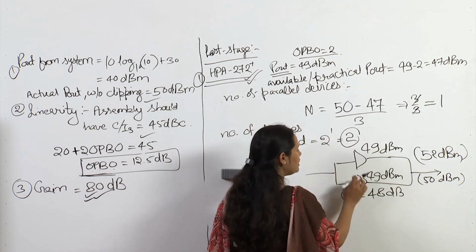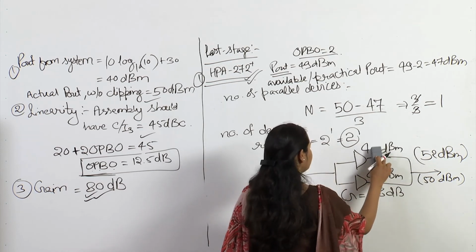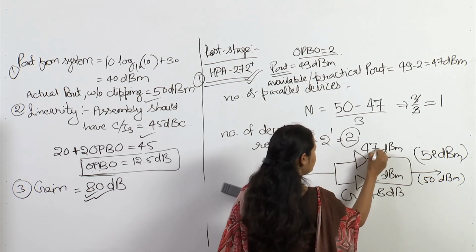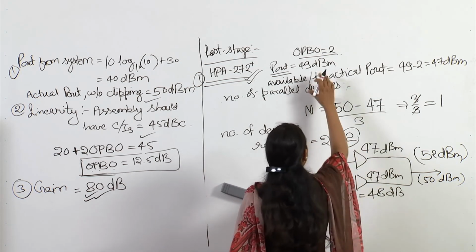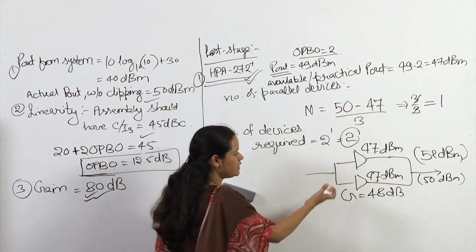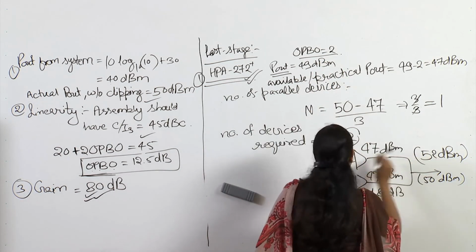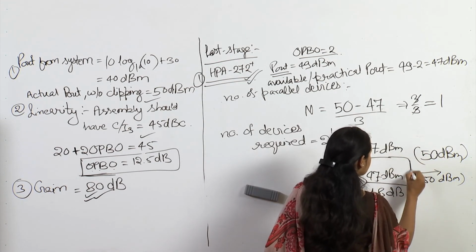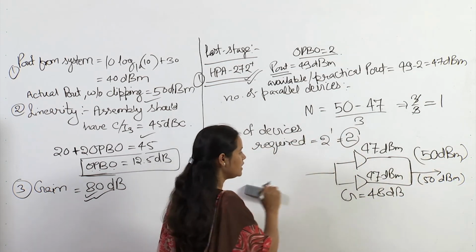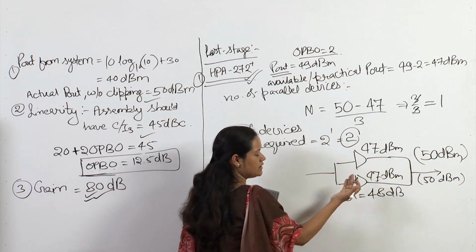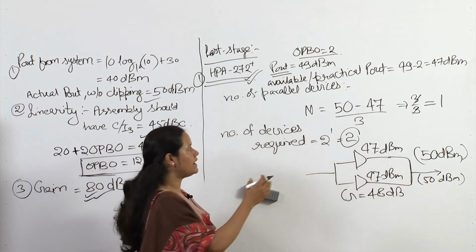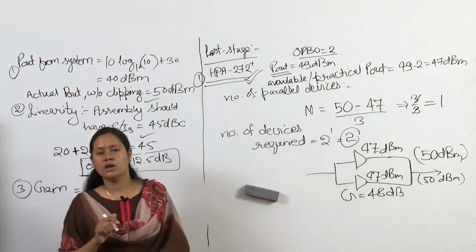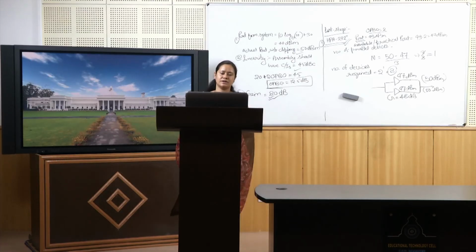So, we will be using both of the devices here, like in the previous case where we were having no output power back off, but now we can have some small back off of 2 dB, and still we reach 2 devices, and we will get exactly 50 dBm at the output. So, with the same structure and same calculations, we are able to get a better linearity condition with 2 dB output power back off.